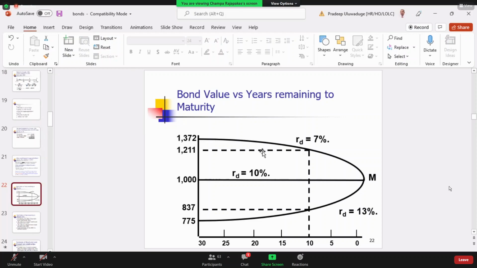Say a person purchases this bond at the market price, but when it is nearing maturity, the company will pay 1,000 rupees to the bondholder. So at maturity, it should reach 1,000 rupees, the face value.